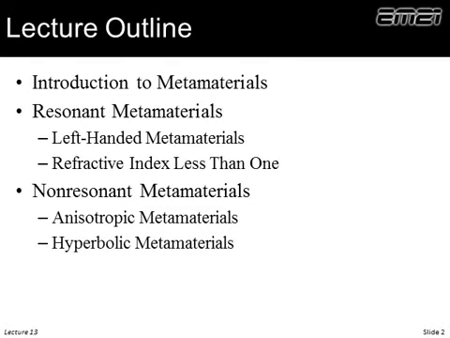There are roughly two broad categories of metamaterials, the resonant type and the non-resonant type. And I will briefly touch on what I think are the most commonly discussed metamaterials in the literature, but by no means is this a comprehensive survey of all the different metamaterials that people are working on. But understanding this, you'll be well equipped to look at other things people are doing and understand that much more quickly.